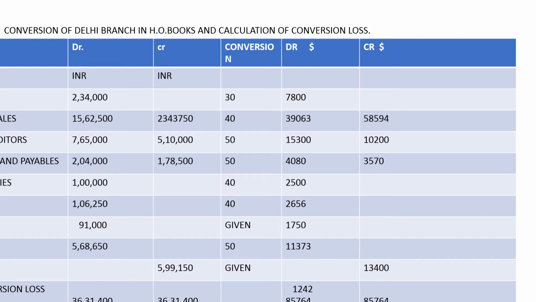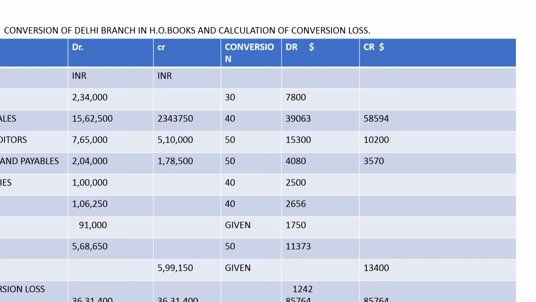Then you are given furniture. In rupees it is given rupees 91,000. It need not be converted. Fixed assets are always shown at the value they were bought.